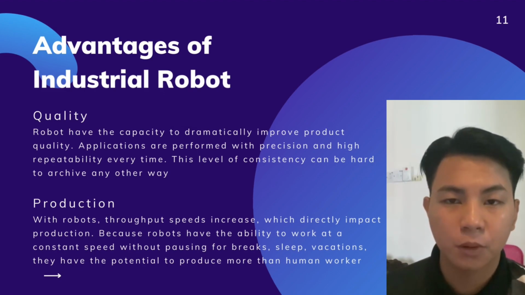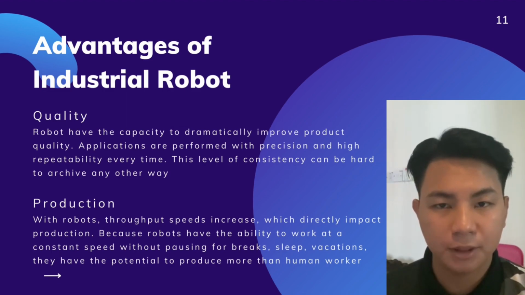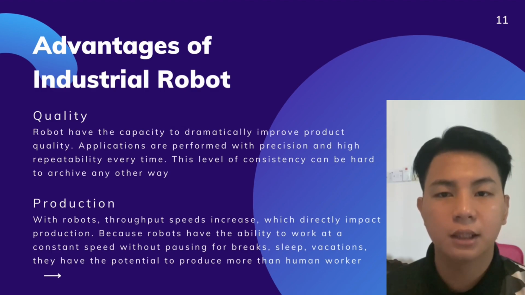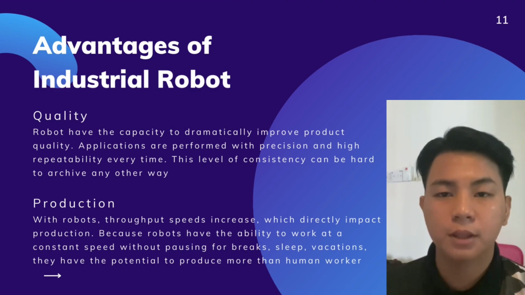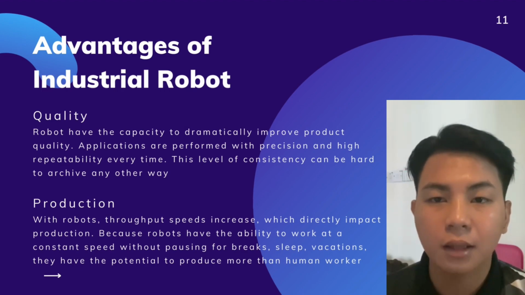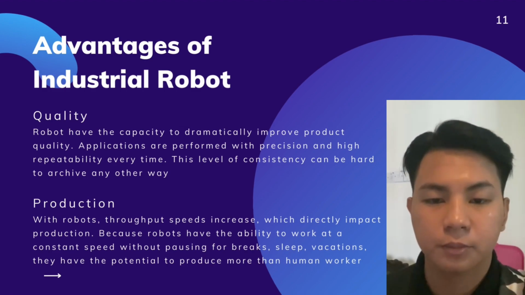Number 2 is production. With robots, throughput speed increases, which directly impacts production because robots have the ability to work at constant speed without pausing for breaks, sleep, or vacation. They have the potential to produce more than human workers.